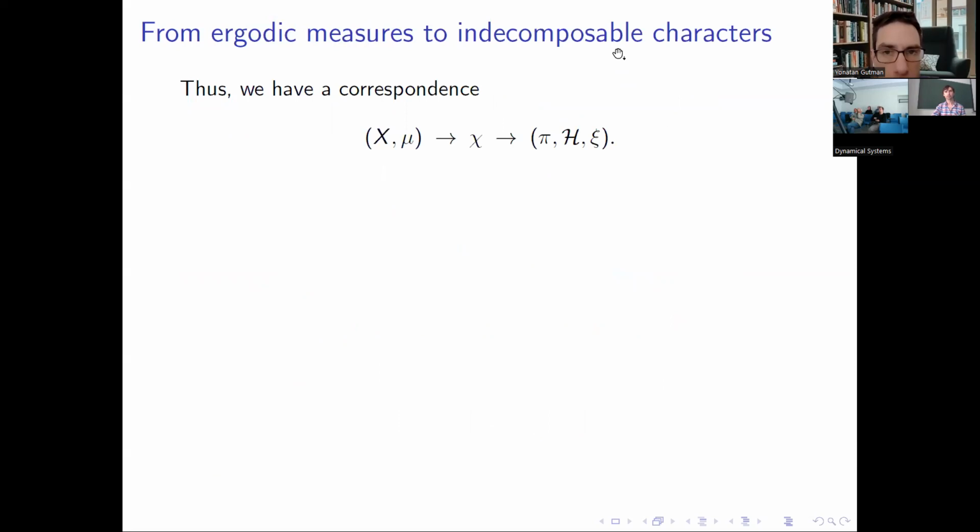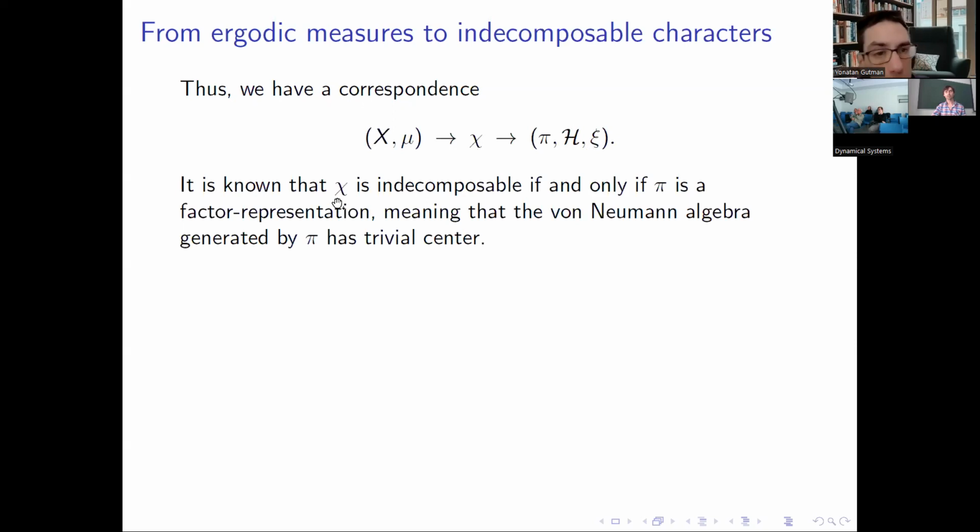Now we have this map from ergodic measures to indecomposable characters and then to representations. So having an action of group G on (X, mu), we obtain a character chi, and this triple: representation pi in the Hilbert space H with a cyclic separating vector psi.